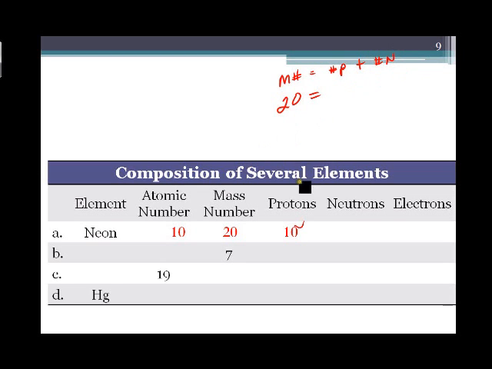So the mass number is 20, the number of protons is 10, so what number plus 10 will give us 20? Neon has 10 neutrons. We also know that the number of electrons equals the number of protons. So the number of protons is 10, so neon has 10 electrons.